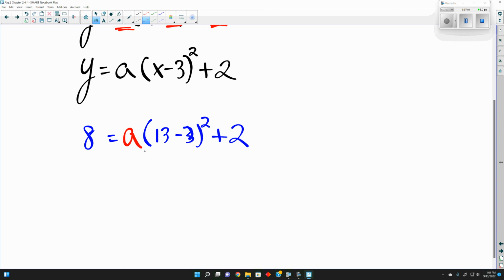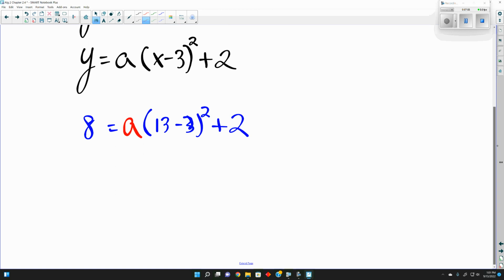We plug it back in. Now at this point here, 13 minus 3 squared, we can do that all at once, because I could type that in a calculator and it would be 100.